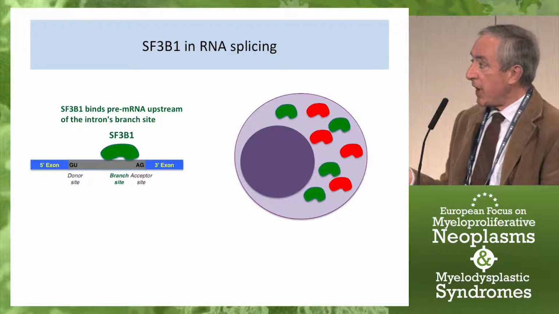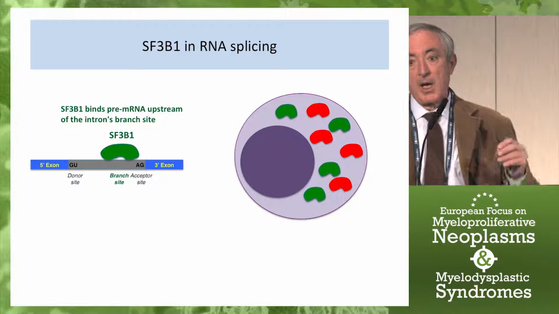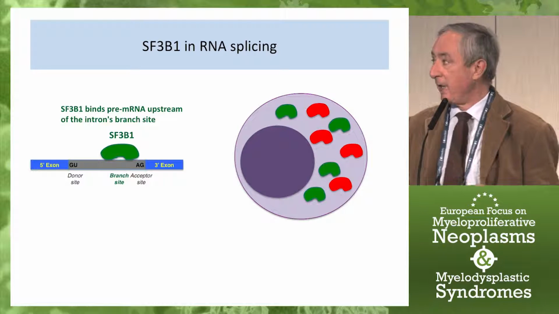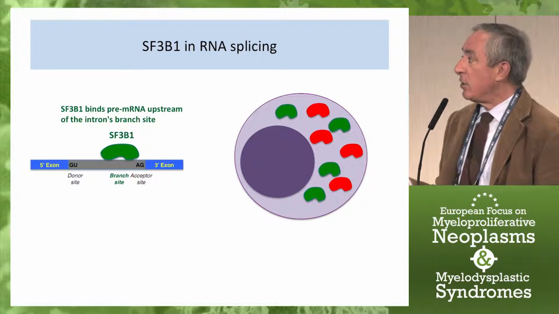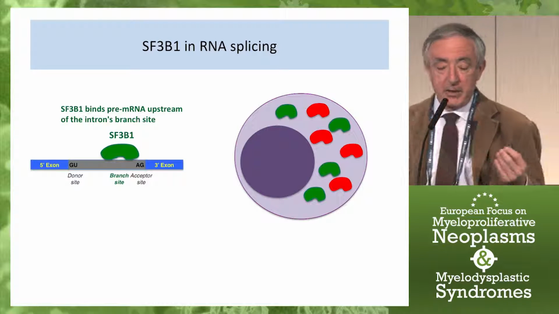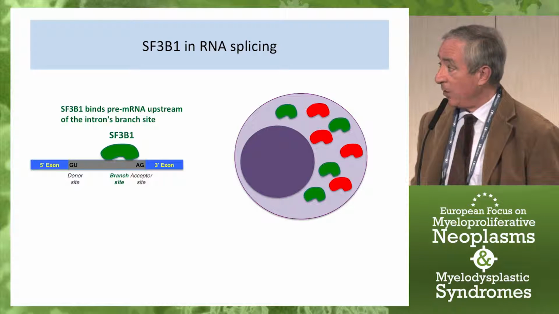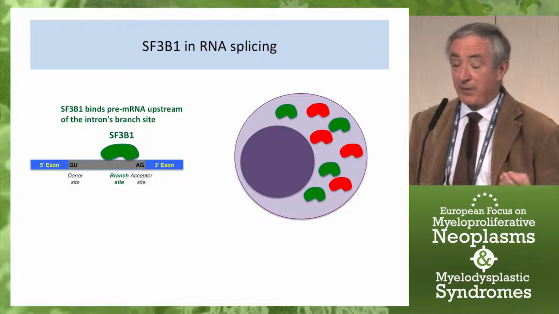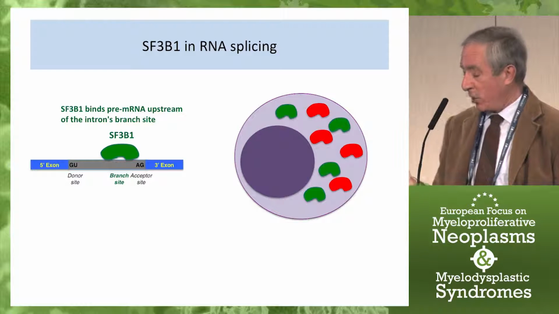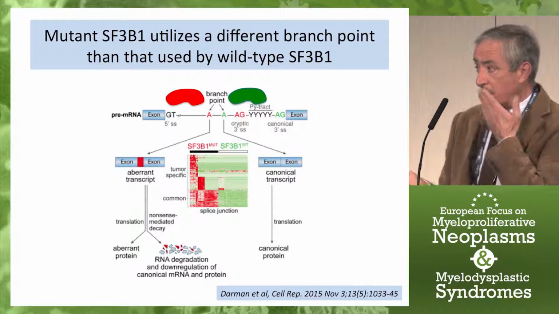We have two types of splicing factors of SF3B1, normal splicing factor and, in red, mutant splicing factor. So of all splicing events, about half will be operated by normal splicing factors and about 50% by abnormal splicing factors.